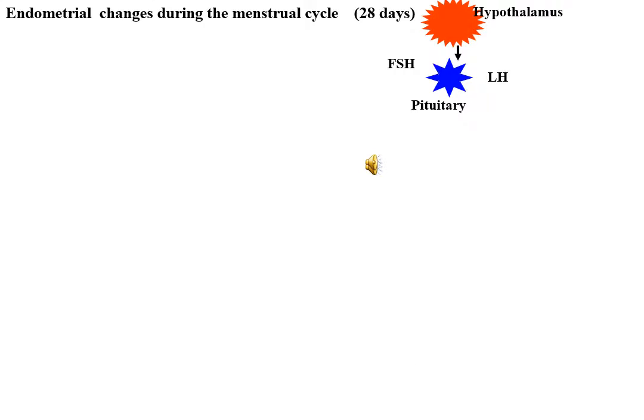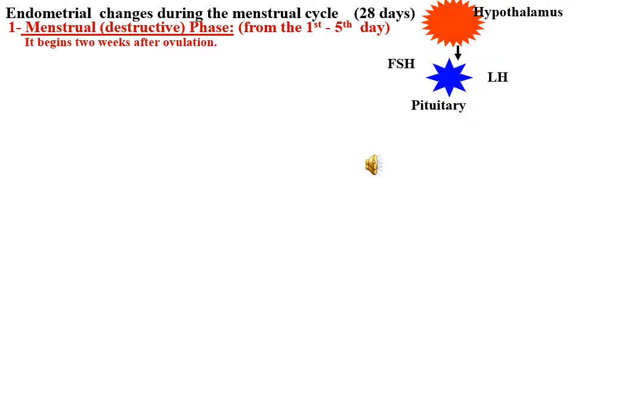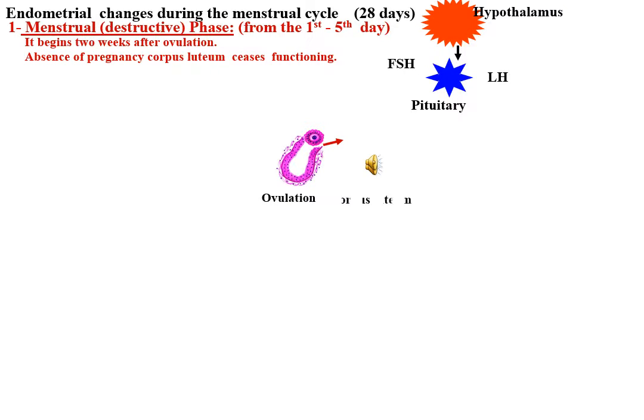It consists of the menstrual or destructive phase from day 1 to day 5. It begins 2 weeks after ovulation. In the absence of pregnancy, the corpus luteum ceases functioning.